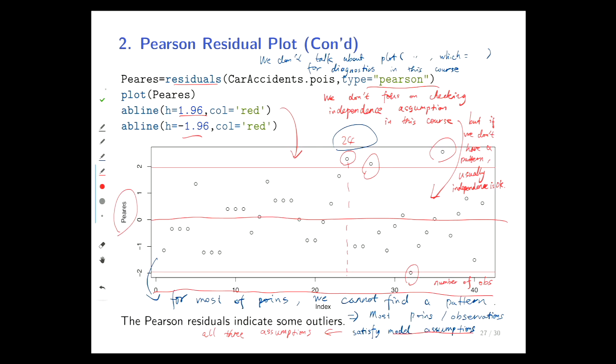Another problem here is that dependence is not limited to time series dependence. We also have spatial dependence and network dependence. In order to talk about independence, basically in this course, it's not possible, even though I'm working on it, that's my research. So my suggestion for this course is to just ignore checking the independence assumption. But if you are interested in studying time dependence, you can enroll in my course next semester, Applied Time Series.